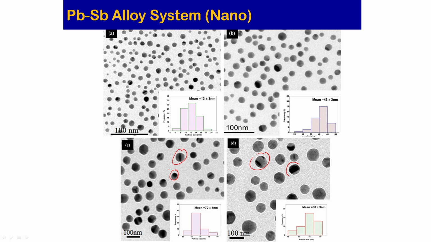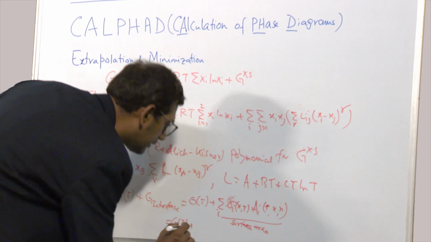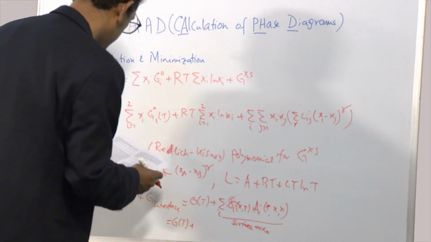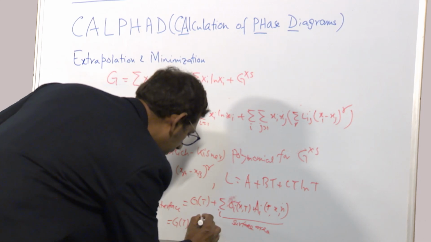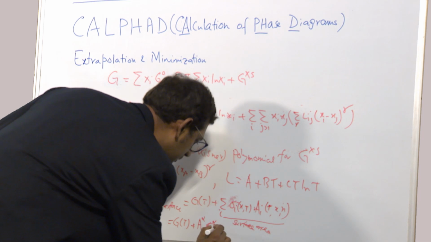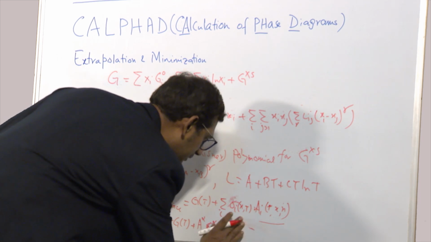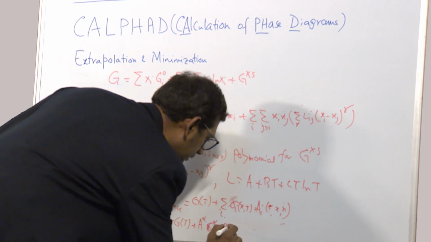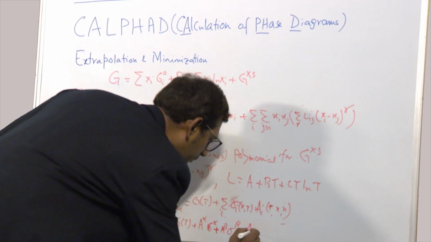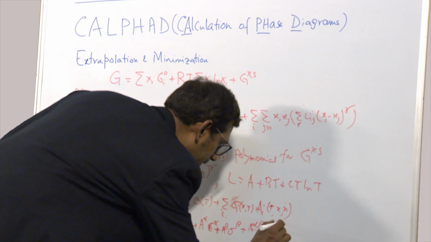So, what is done here is that this will be equal to G T, the free energy, plus surface area of alpha phase times surface energy of alpha phase, plus surface area of beta phase times surface energy of beta phase, plus interfacial area of alpha and beta times surface energy of alpha and beta.